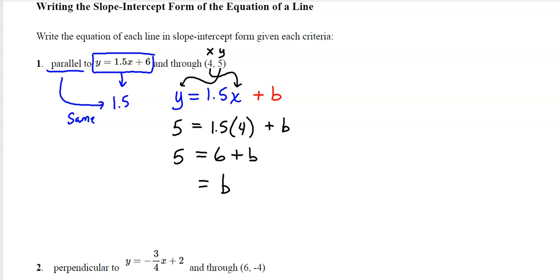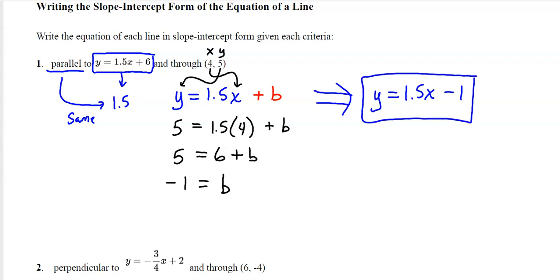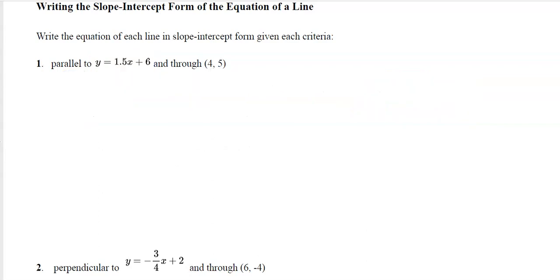So it looks like b has got to be -1. So now to finish the equation, I go back to my starter equation, and now I know what it is. It's y equals 1.5x minus 1. And if I were to graph these two, they both have the same slope, just one crosses at +6, the other crosses the y-axis at -1, and everything will be good.